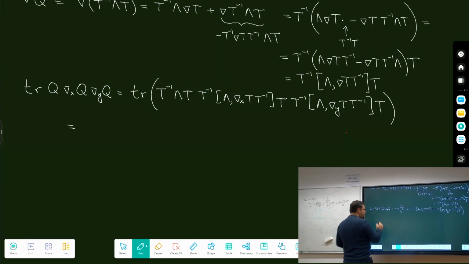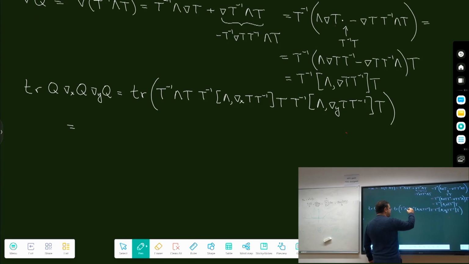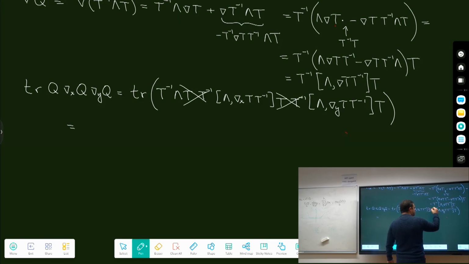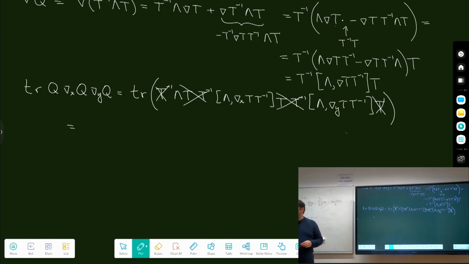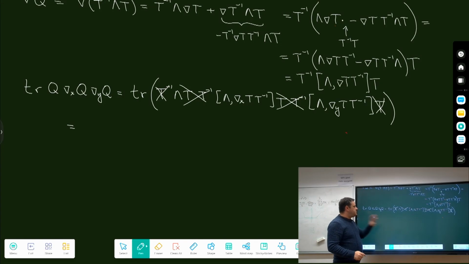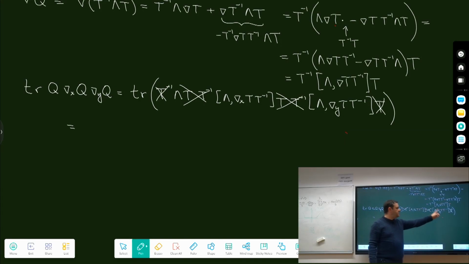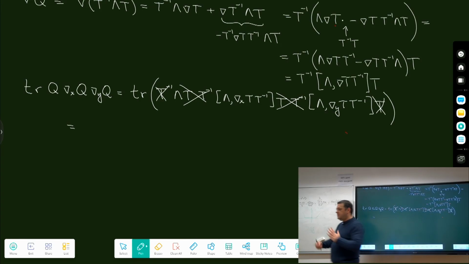So obviously what I do, I just cancel T and T inverse, these two, and this one with the first one. Yep, under trace I can do such things. So I have lambda, one commutator with lambda, and second commutator with lambda.